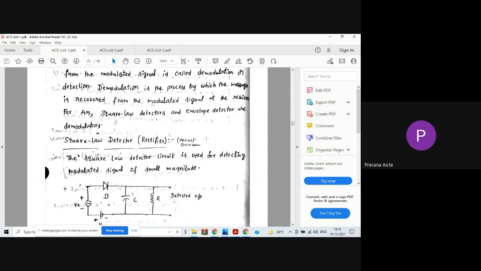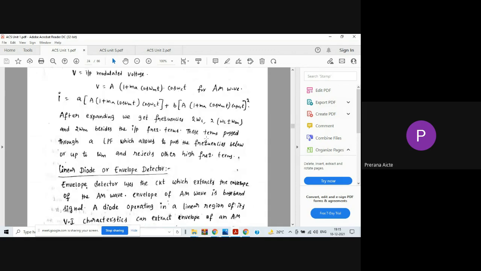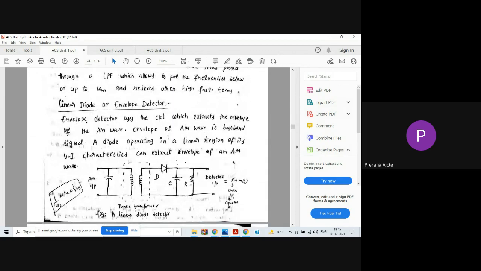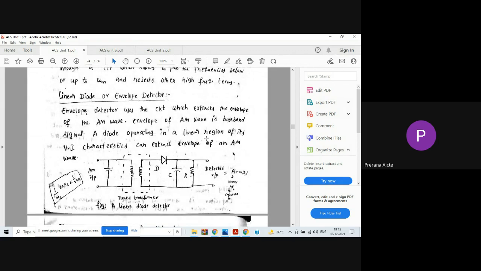So mainly you will see demodulation as an envelope detector. This is the best example. So what is an envelope detector? Nothing but it is used for extracting the message signal from the modulated wave. Simply, it is a circuit which extracts the envelope of the AM wave.